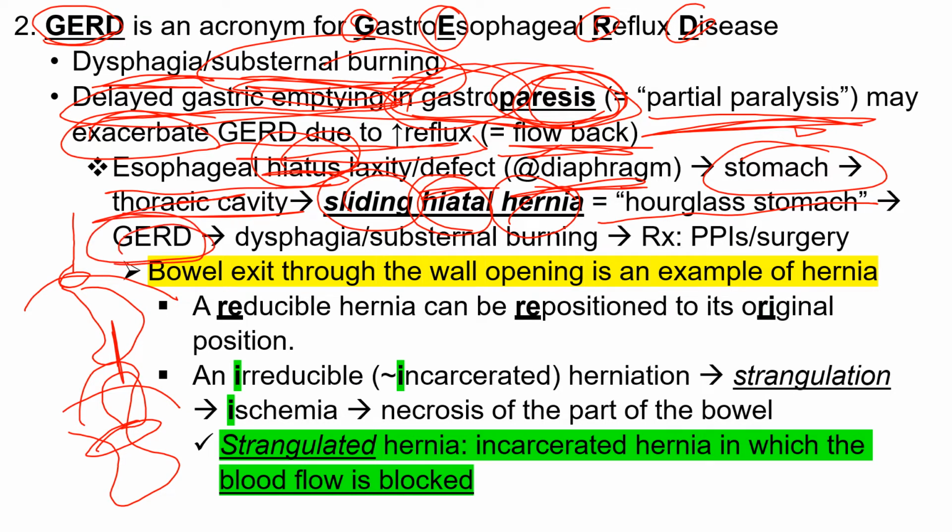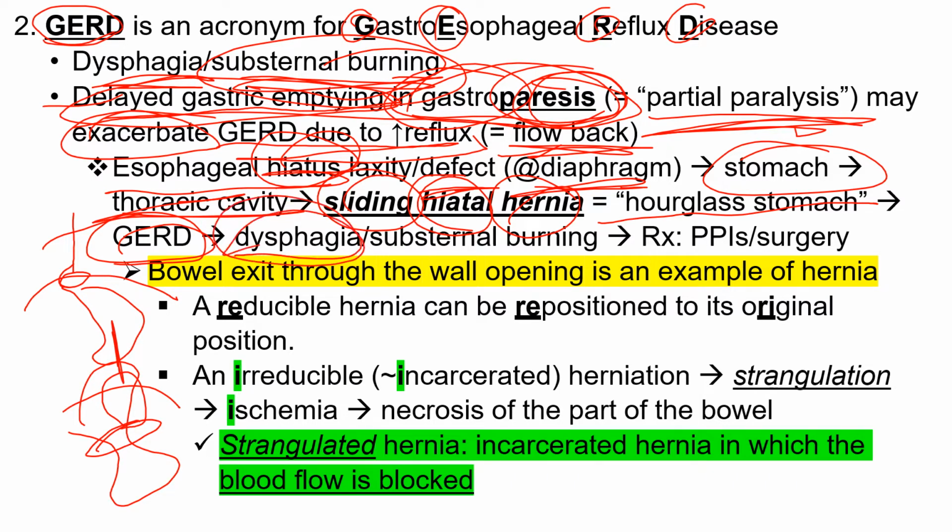One more thing that exacerbates GERD. So we talked about gastroparesis, and now we're talking about sliding hiatal hernia, and it's called sliding because the stomach comes out and then it comes back. It herniates through that opening and then goes back to where it should be in the abdominal cavity.